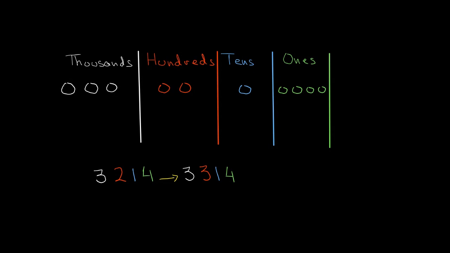So I'm just going to write it out again, and the next number would be 3414, and you can see it's only the 2, 3, 4 that is changing, nothing else is changing.